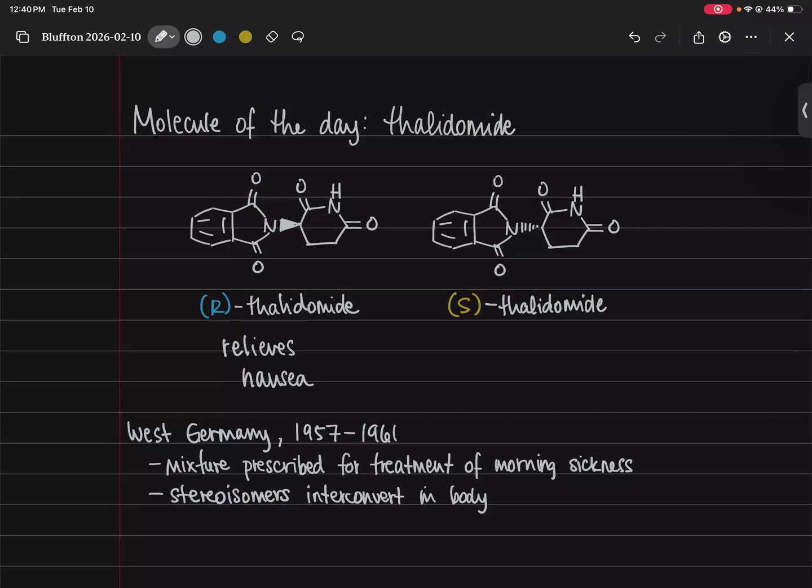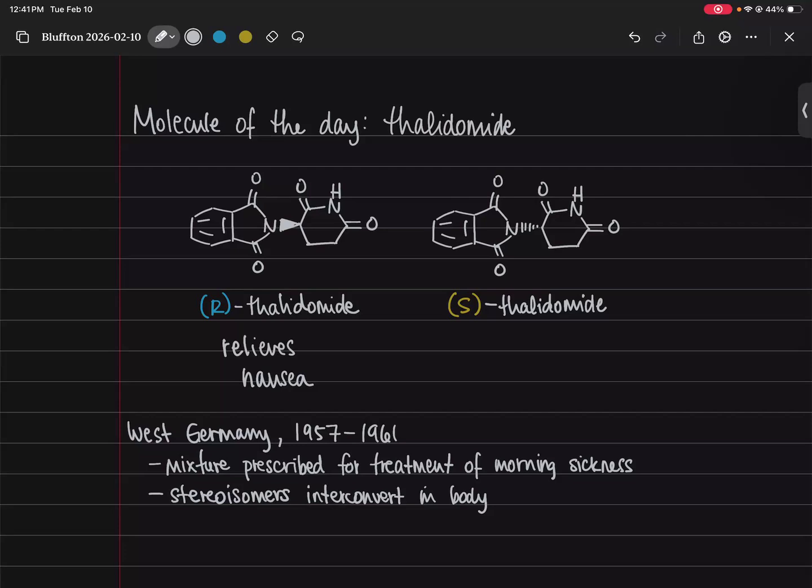So it's the late 50s in West Germany, and you are a scientist, and you've discovered that thalidomide does an excellent job of treating morning sickness in pregnant women. So for the next couple of years, this mixture of two isomers is prescribed to relieve nausea in morning sickness.